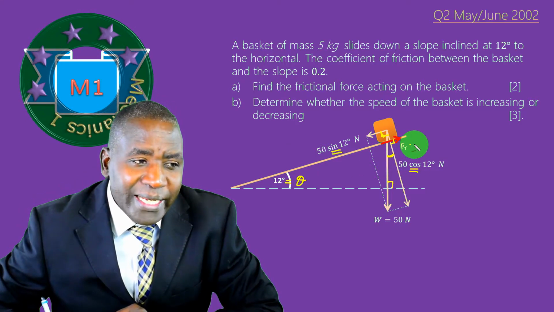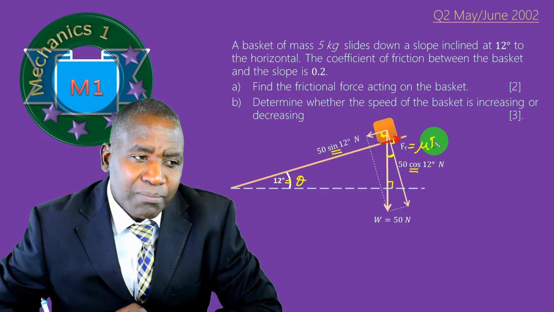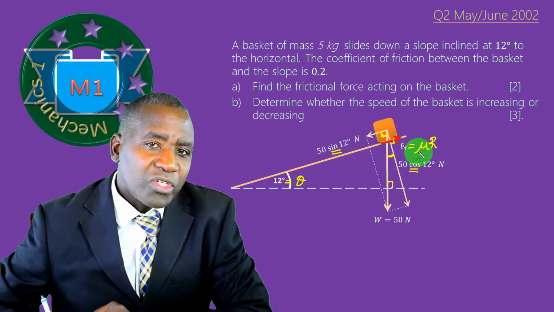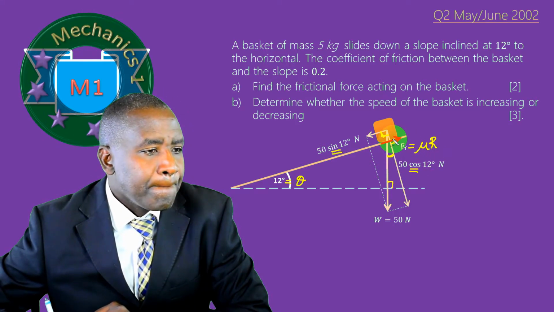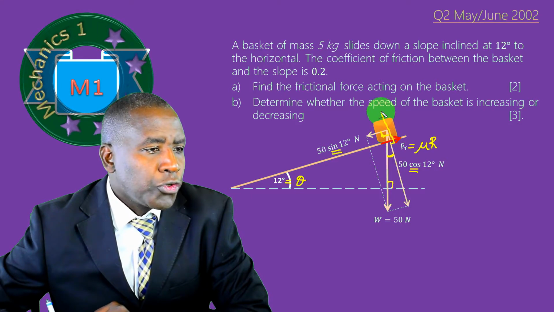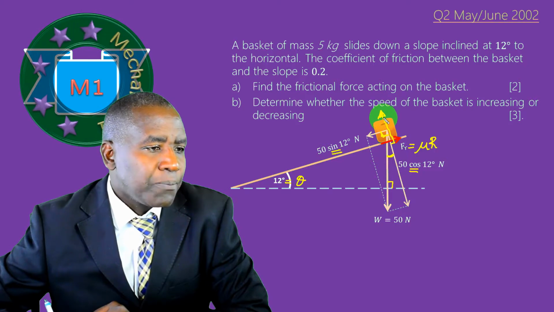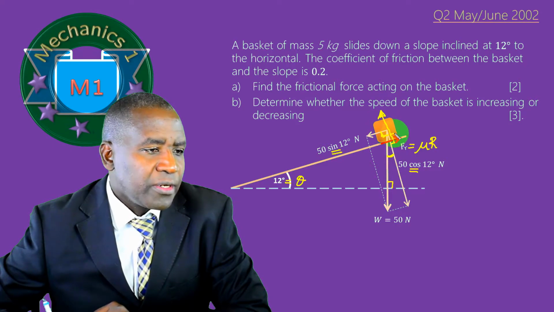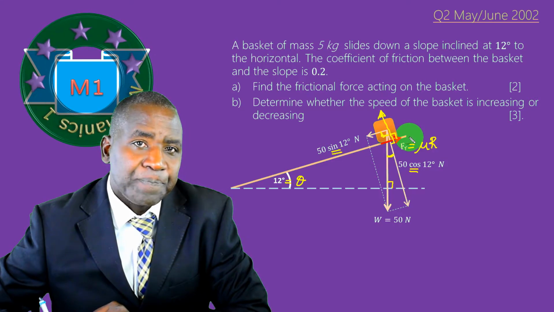So you have been asked to calculate frictional force, and when you're given coefficient of friction, you know you must multiply it with the normal component of the contact force. At this point, I want to apologize for that line, supposed to be straight and is supposed to be making 90 degrees with the inclined plane.